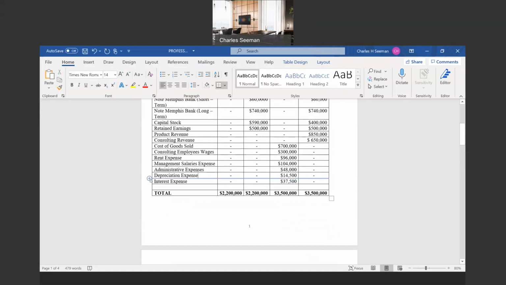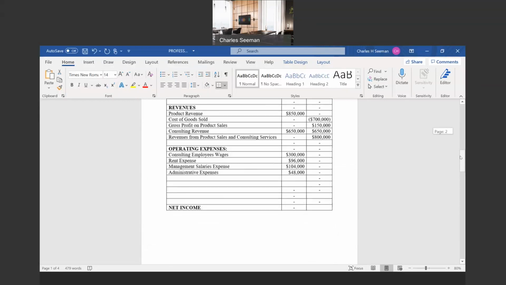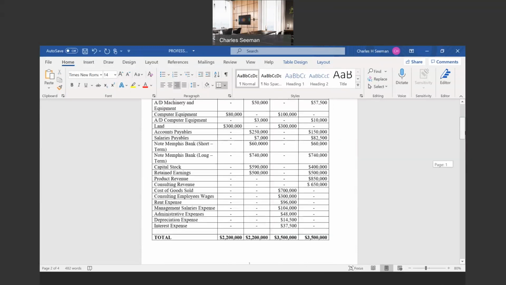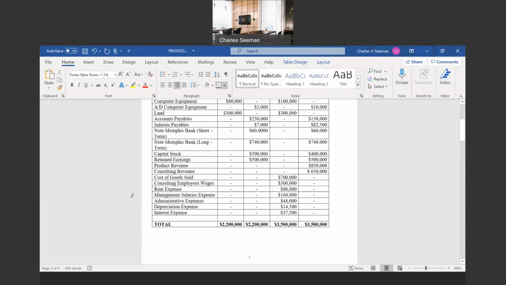Then I go to the next expense called depreciation expense. And then I go to the final one, interest expense.